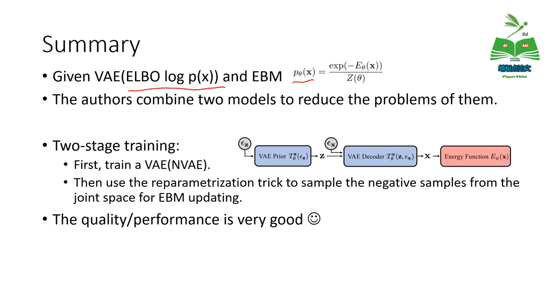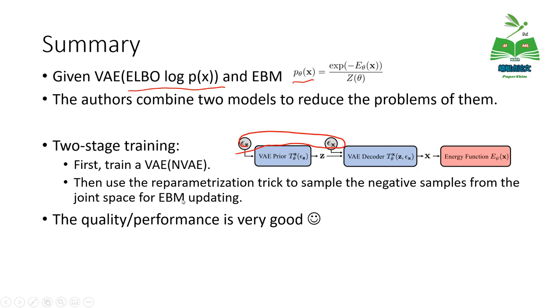They use an NVAE, the state-of-the-art VAE, and then in the second stage they fix the VAE and use the reparameterization trick to sample the negative samples from the joint space of epsilon z and epsilon x, for the energy-based model updating.